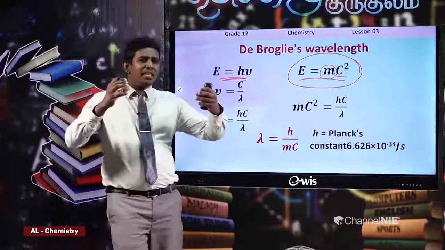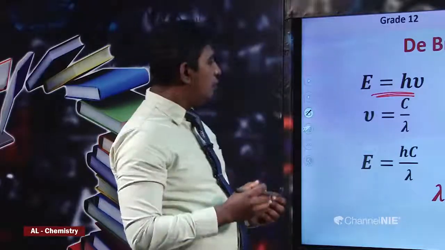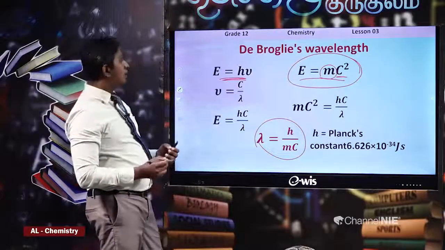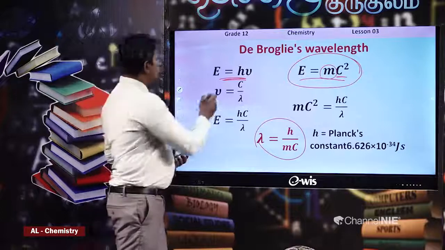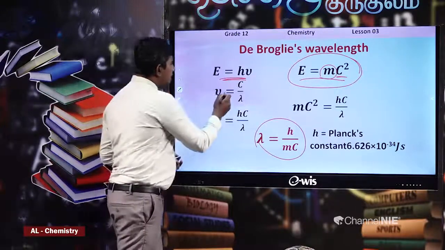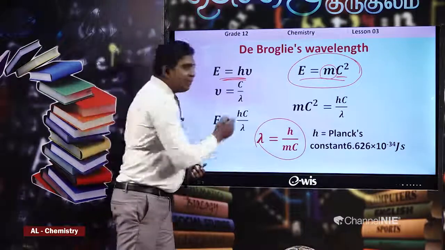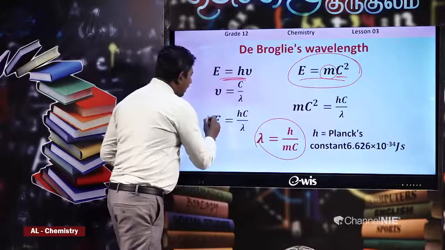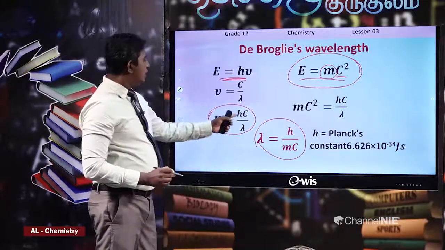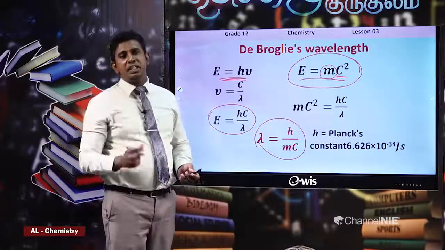So combining these two together, Louis de Broglie finally derived this equation. Let me show you the way he did that. So it was E equals h nu. For the reason that nu equals c divided by lambda, where c is the velocity, he then brought forward this: hc divided by lambda equals that smallest energy amount.